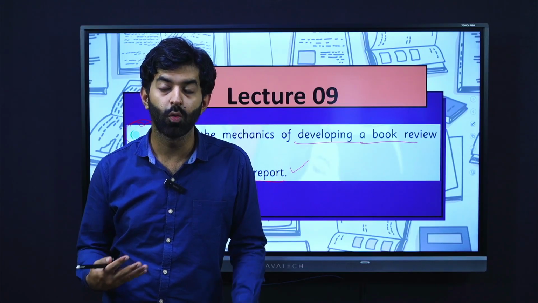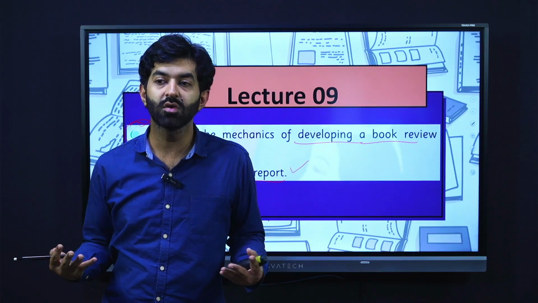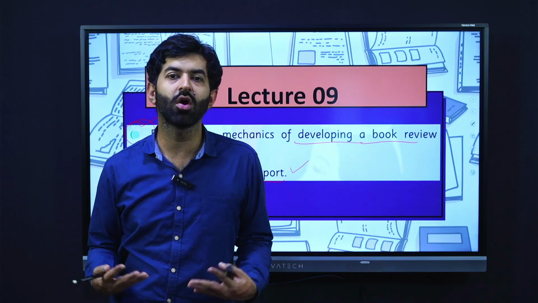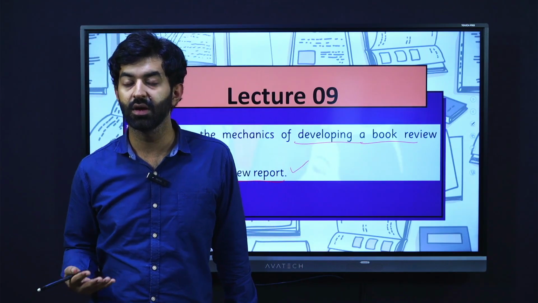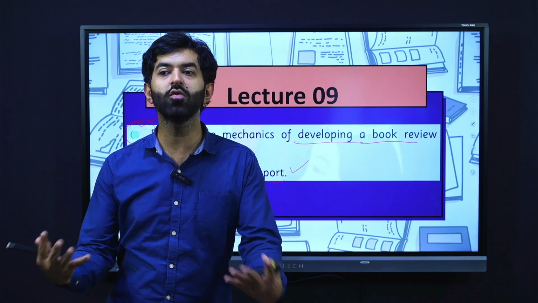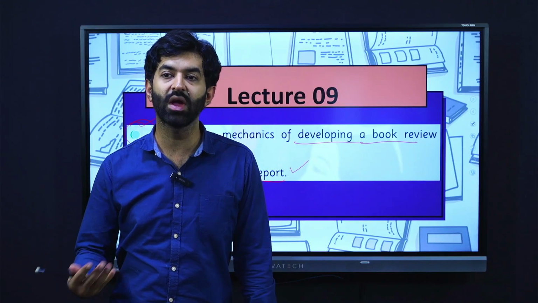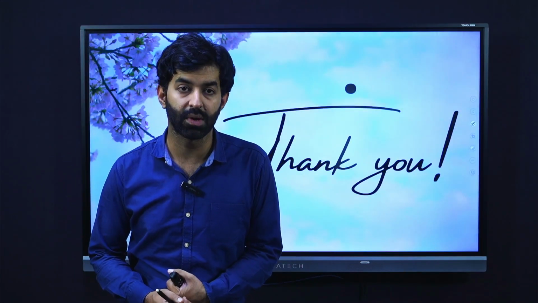It tells us whether the book is for us or not, whether we should read it or not. The book can be fictional or non-fictional. It can be a story, a memoir, a biography, etc. We will read it and see how we can review a book as a reviewer, and how we can rate it. So these are the 9 lectures that we will be covering in these upcoming lectures.